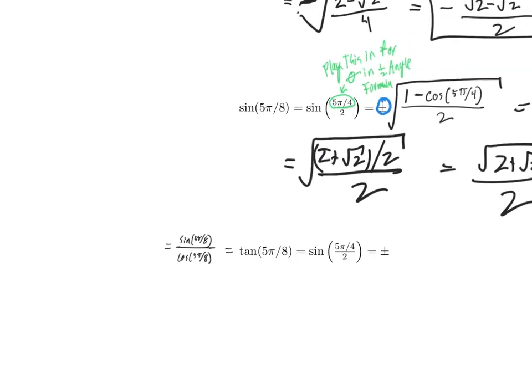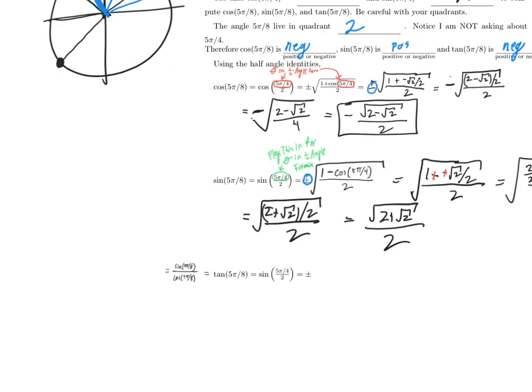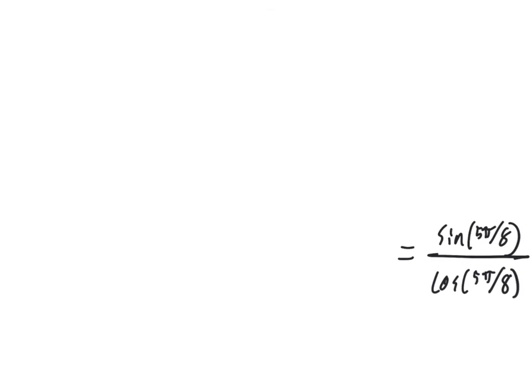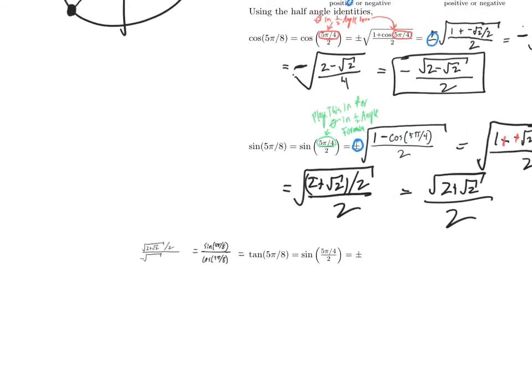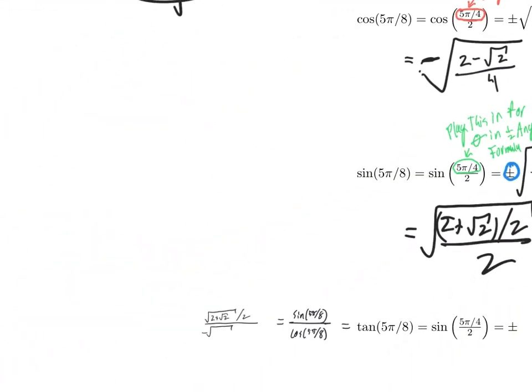Let's zoom out just a little bit. Sine is the square root of 2 plus root 2, all over 2, with parentheses appropriate. Then divide by cosine, negative square root of 2 minus root 2, all over 2.